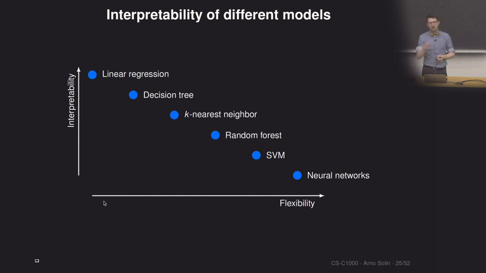I'll have a slide of each of these model families next. You see that the more flexible the model becomes, meaning it can adapt to more complicated data, the harder it is to read what it actually does. This is something you should get out of this slide.